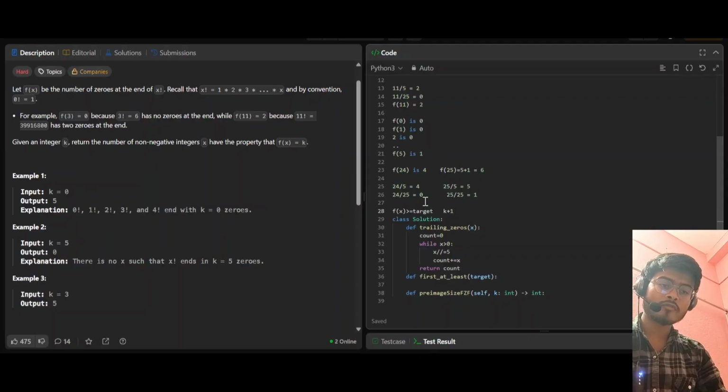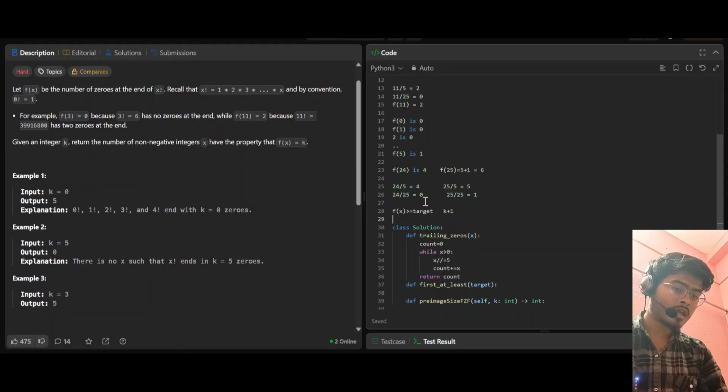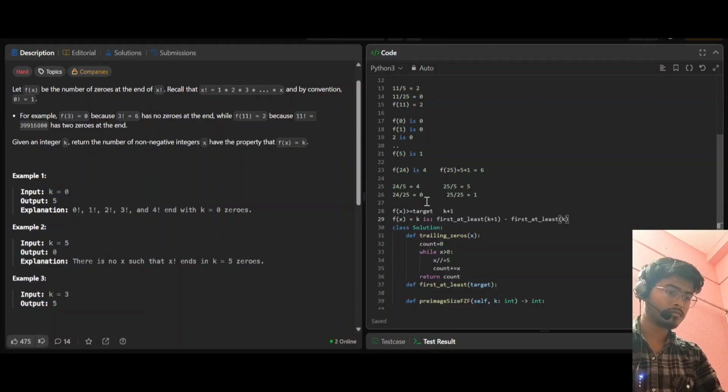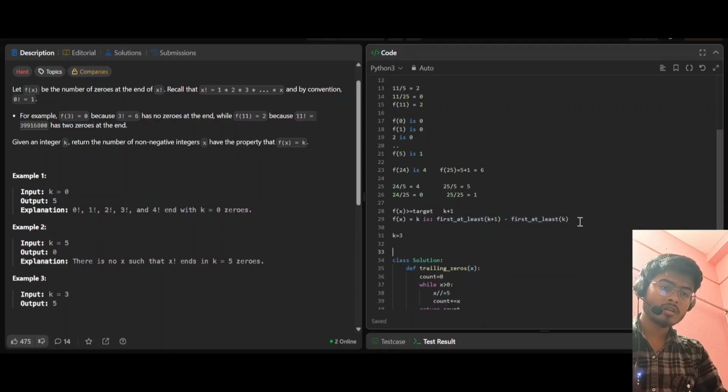Therefore, the number of values satisfying f(x) equal to k is firstAtLeast(k plus 1) minus firstAtLeast(k). Let's understand with an example. Suppose k is equal to 3. The first value where the trailing 0 count is at least 3 is 15.